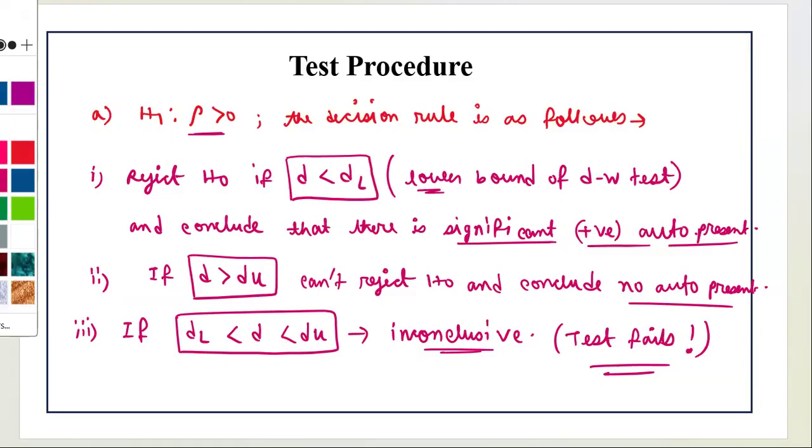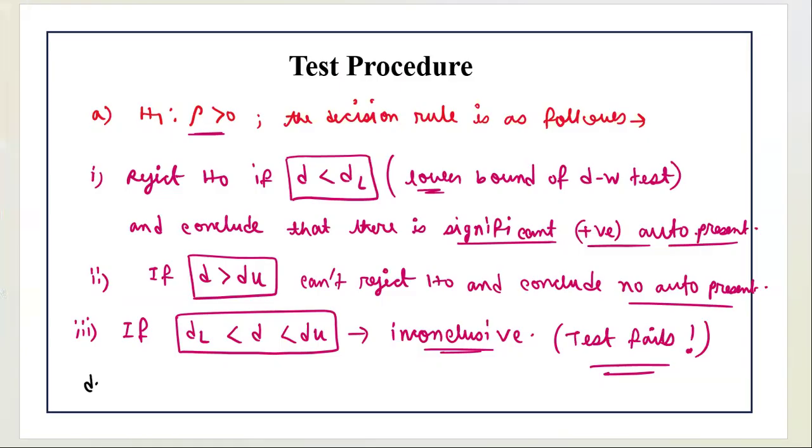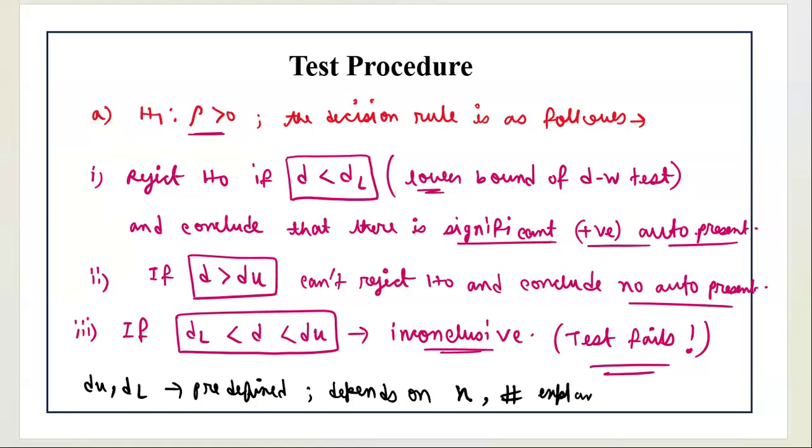So let me write it that du and dl are predefined, can be found from the table, and depend on N, the total number of observations in the model, and also the number of explanatory variables in our model.